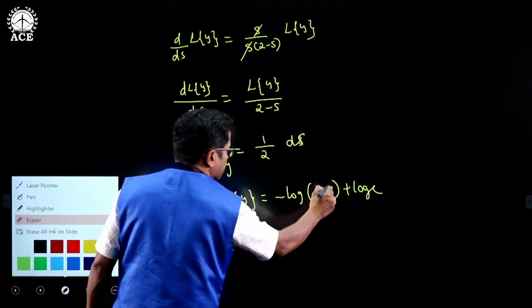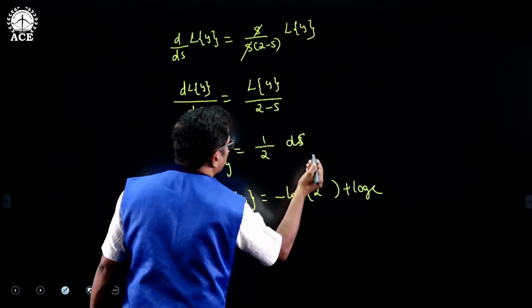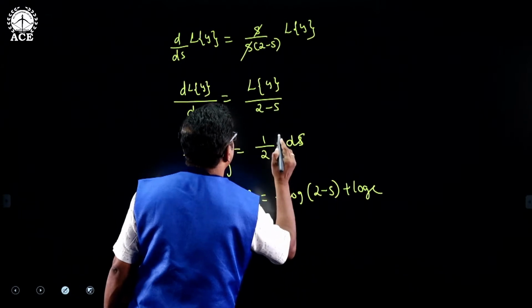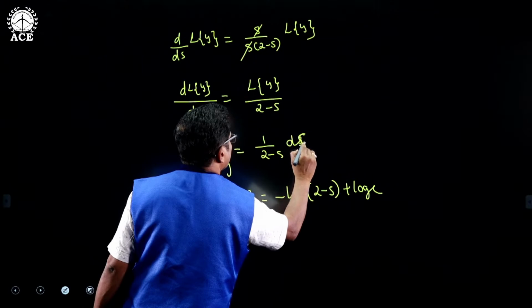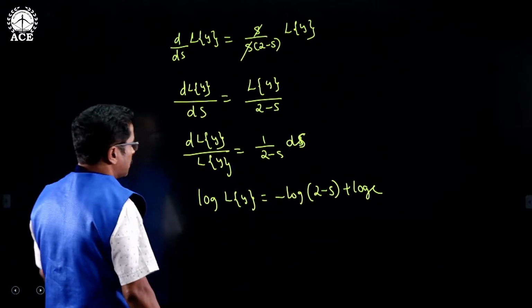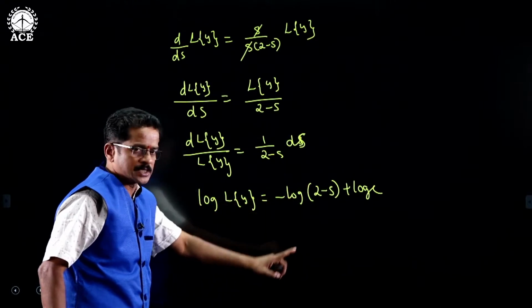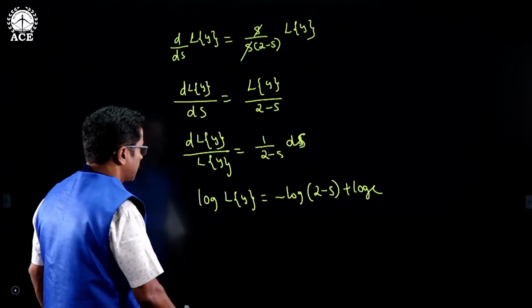It is 2 minus s. So 1 by 2 minus s ds integration is minus log 2 minus s, because s coefficient is minus 1, isn't it? So minus follows here.